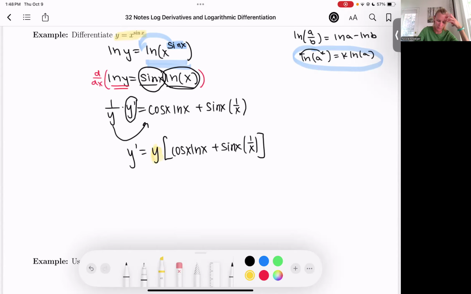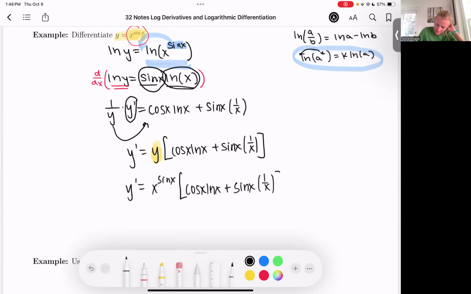So I'm going to replace y with the x to the sine of x because that's what y was equal to originally. That way my derivative is just in terms of x instead of having an extra y in there. So y prime is x to the sine of x. And then the worst part about these problems is copying everything down again. Okay, and so that's what we get there.